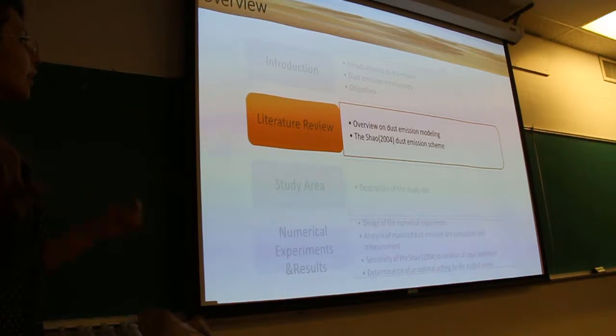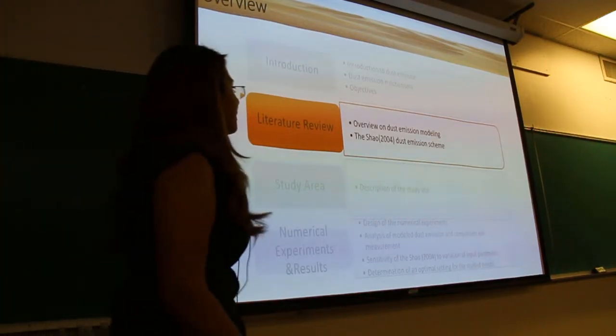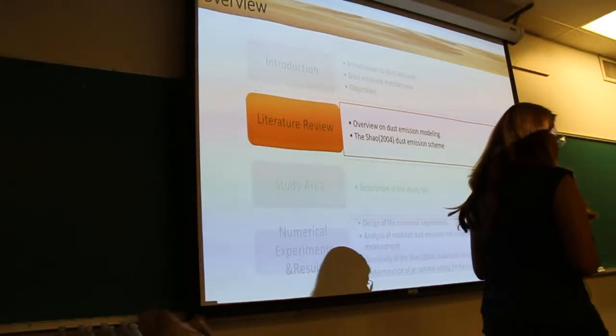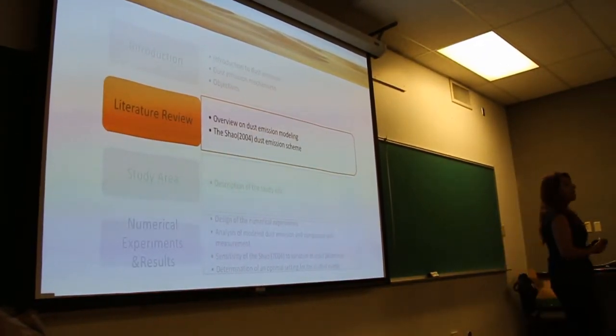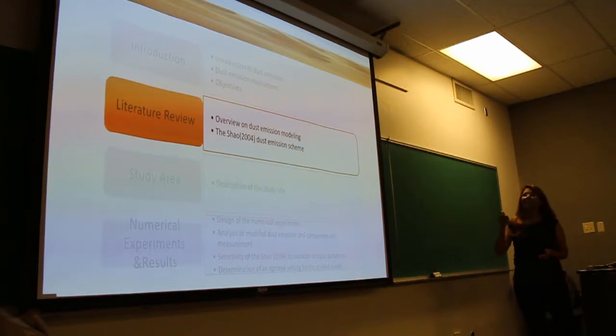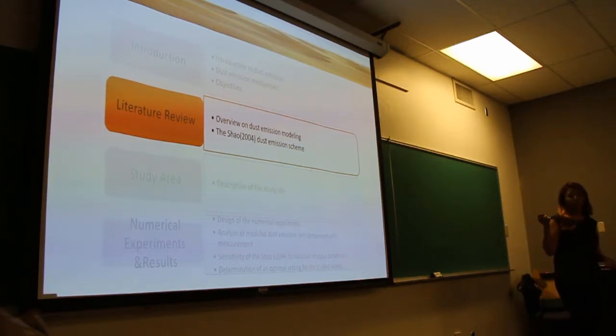So let's have a quick overview of the studies that have been done on dust emission schemes, and I'm also going to take a deeper look at the Shao scheme, which is the scheme that I worked on.